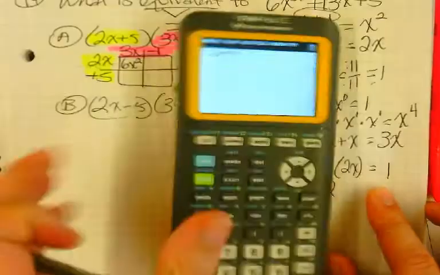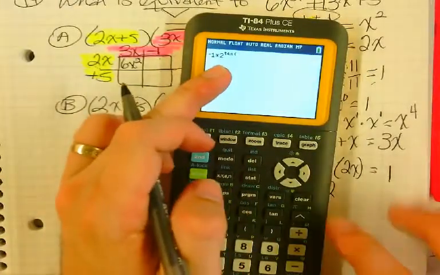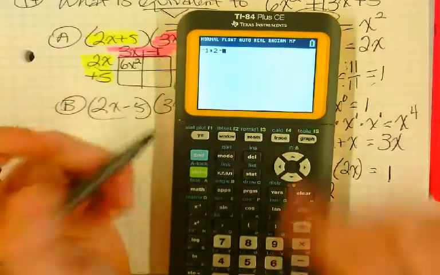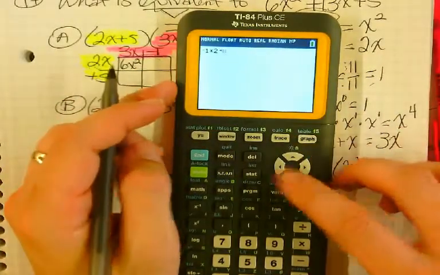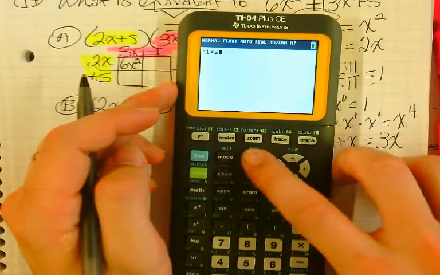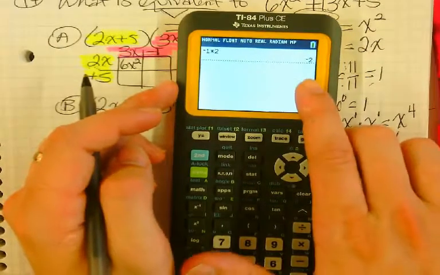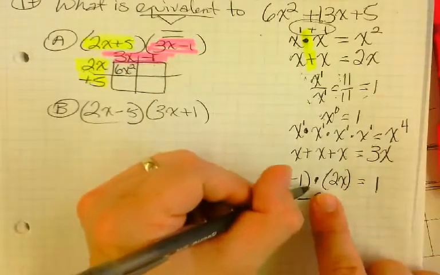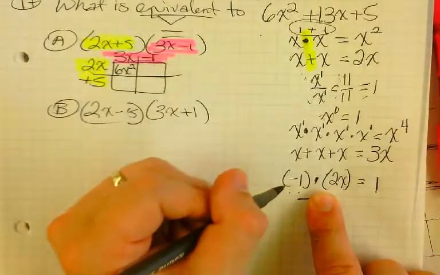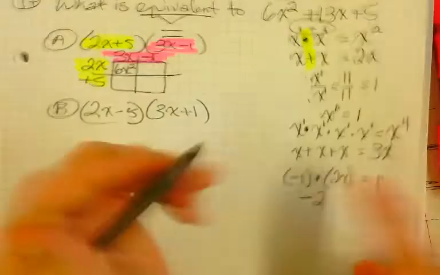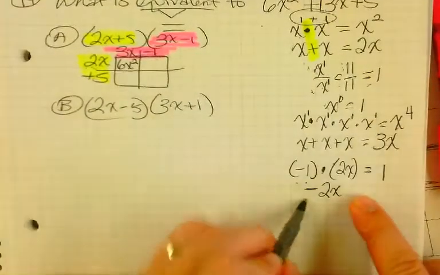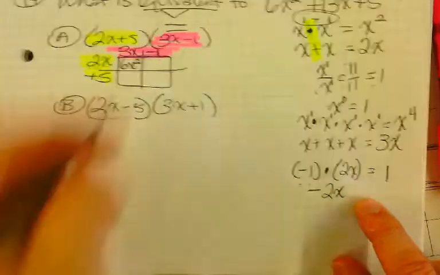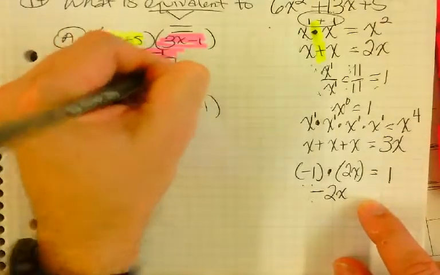That's what our calculator said, right? But it's not just negative 2. What else is in the problem? X. So then what goes in the box? Negative 2x. Perfect. So that's what we're going to put here is negative 2x.